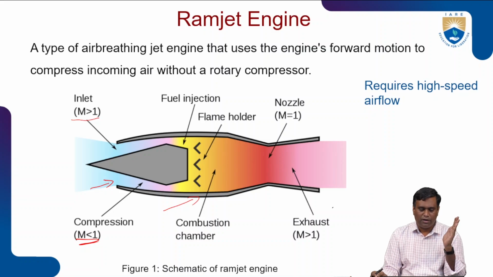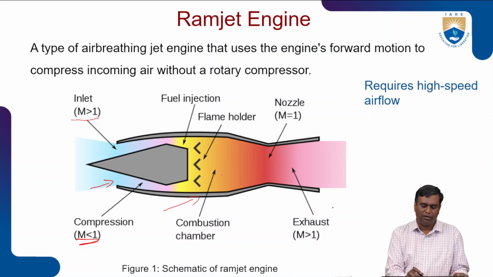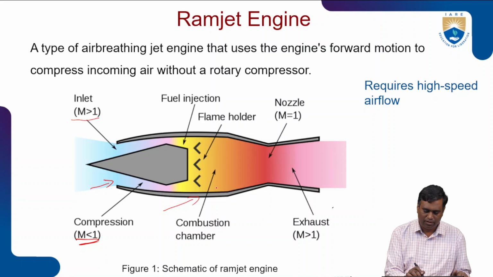In which supersonic inflow is required, and without any moving component like a compressor, the inlet itself compresses and raises the pressure. But another thing is it decelerates the flow, to make sure that only subsonic airflow enters the combustion chamber, where fuel will be injected, air-fuel mixing takes place, and combustion will take place.